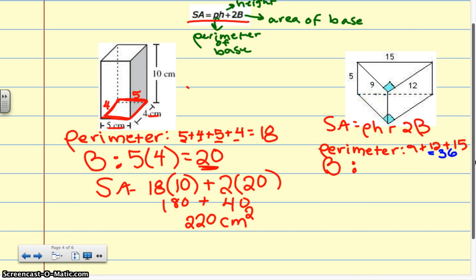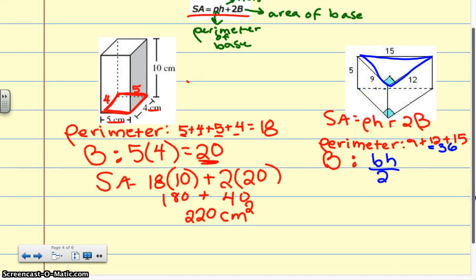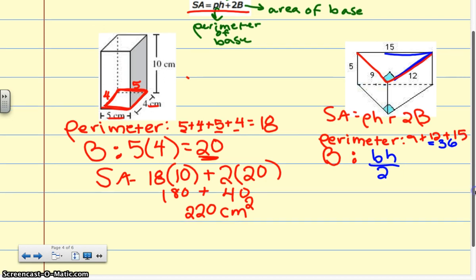The area of my base. Now my base is a triangle. Okay, notice, base is a triangle. The area of a triangle is base times height over 2. So the base of my triangle, it really doesn't matter. It's a right triangle, so I know the 2 legs, they're called legs, the 2 legs that form the triangle are my base and height.